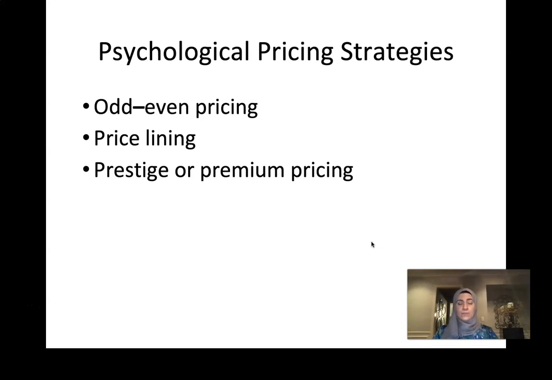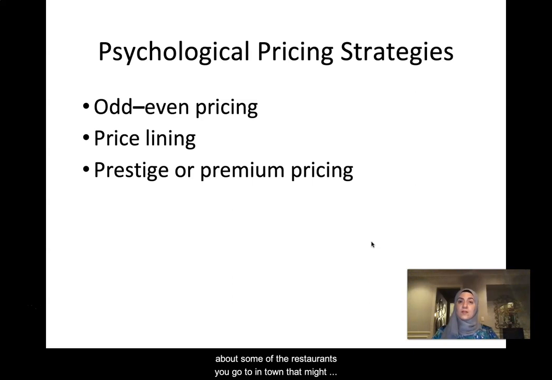Whereas even pricing, where everything ends in even figures, gives the product a more prestigious appeal. So think about a lot of professionals like doctors, lawyers, CPAs. They normally do not price using odd pricing because that sort of cheapens their services.